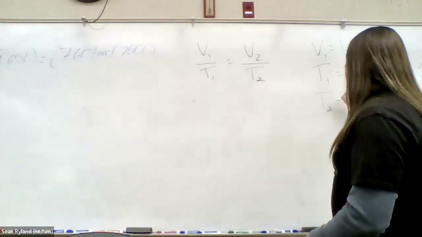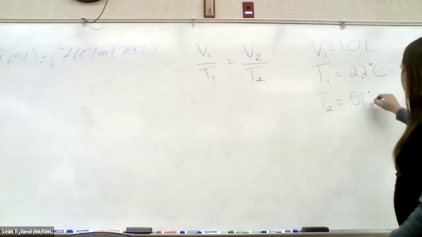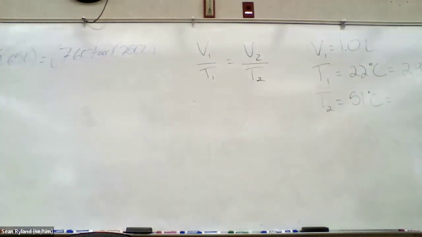Then we know T2 is 51 Celsius, which is going to be 324 Kelvin.